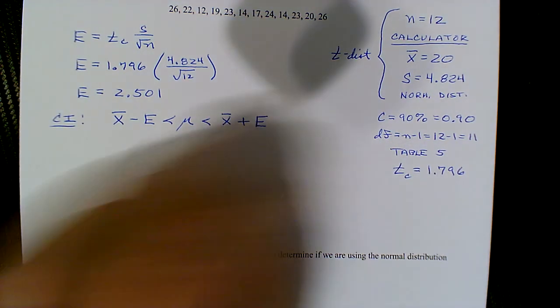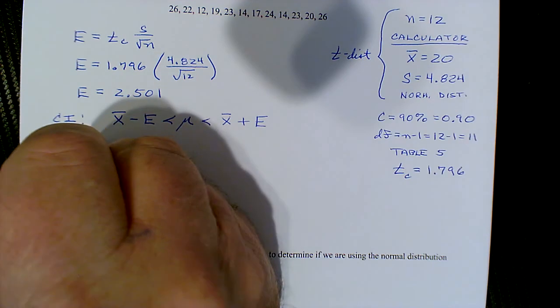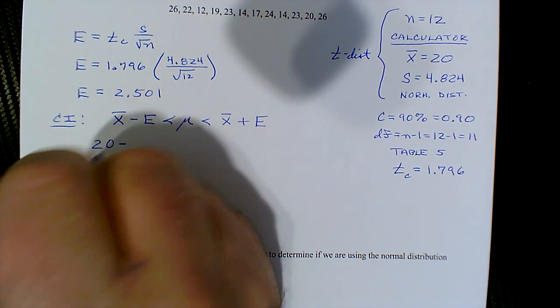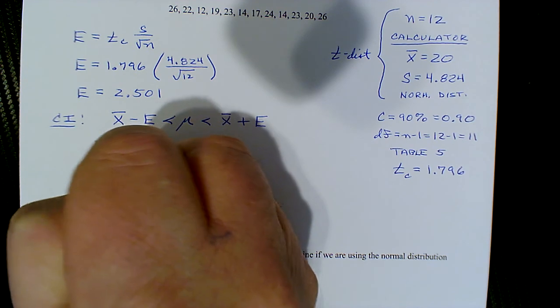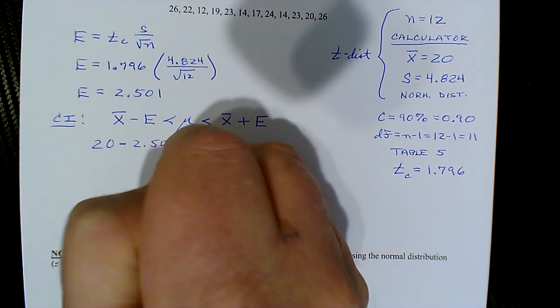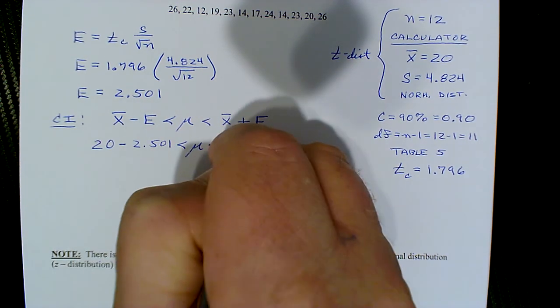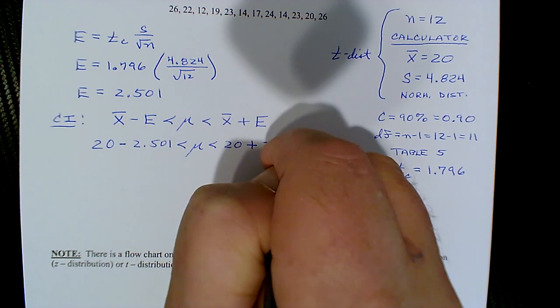And so the confidence interval: left endpoint 17.499 less than the population mean mu, which is less than the right endpoint of 22.01.